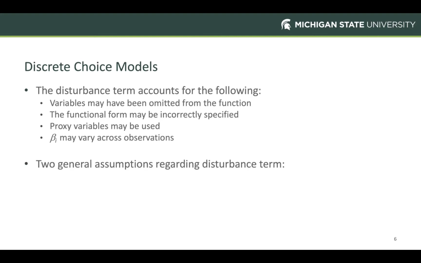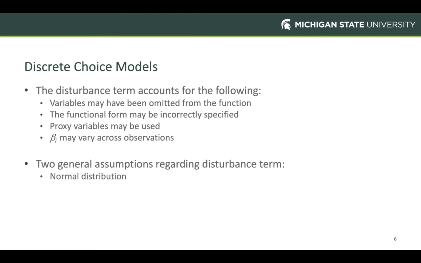Okay, and so we need to make an assumption as to the distribution of that error term. As an example, in the linear regression model, we assume a normally distributed error term with mean of 0 and variance sigma squared. In the discrete outcome case, there are two general assumptions that we would make.